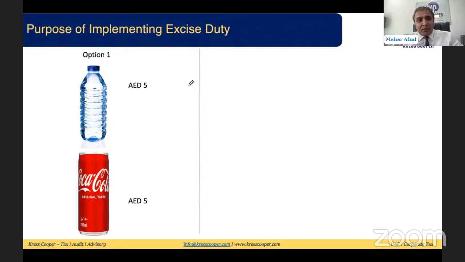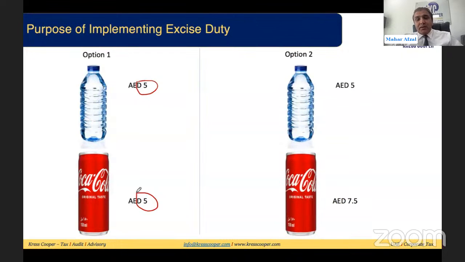And you are a buyer, you have two options only. You are thinking to take one drink, bottle of water or Coca-Cola. From the financial point of view, you are indifferent because the price of the bottle of water is 5, and the price of Coca-Cola is 5 as well. In the second scenario, the price of the bottle of water is 5, but the price of Coca-Cola is 7.5.